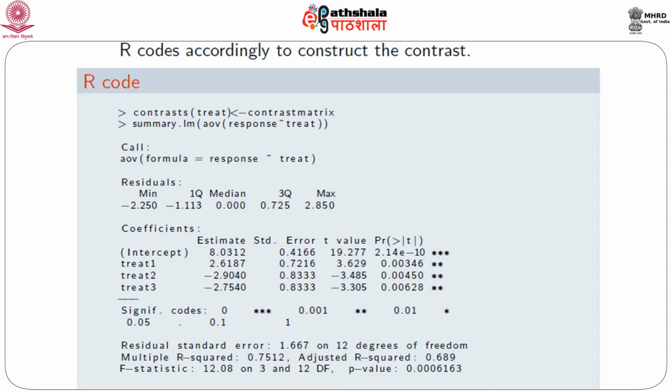In this case, you first get the residuals, a 5-point summary consisting of the minimum, first quartile, median, third quartile and the maximum, and the usual coefficients of the various terms. The intercept term is reported first with the estimate, its standard error, its t-value as well as the p-value.